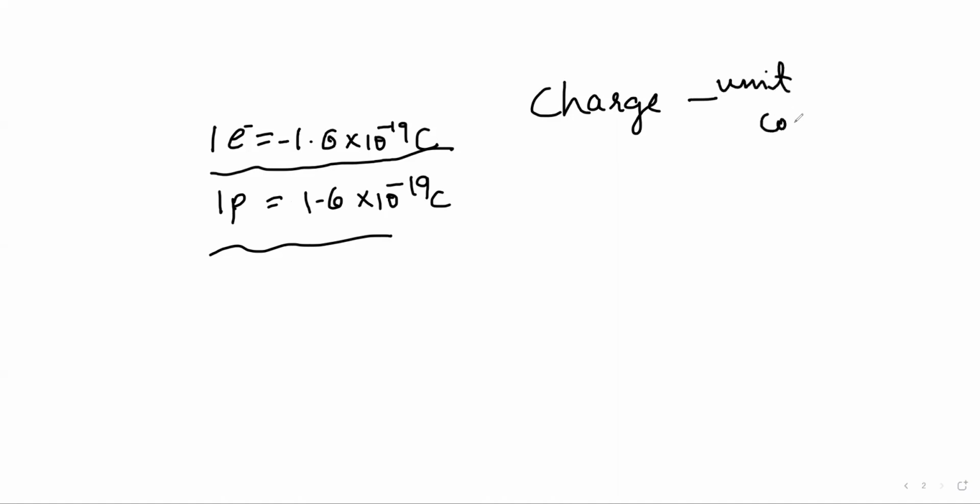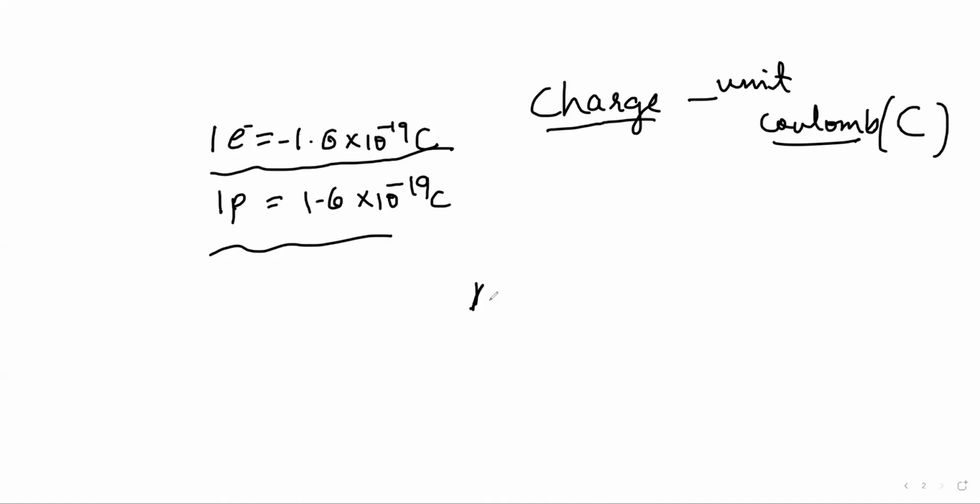So charge unit is coulomb. Coulomb is denoted by capital C. Whenever we write capital C, it denotes the name of a scientist. It is the unit of charge. Just as meter is the unit of length.